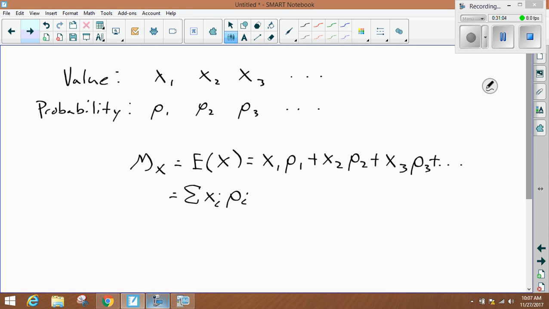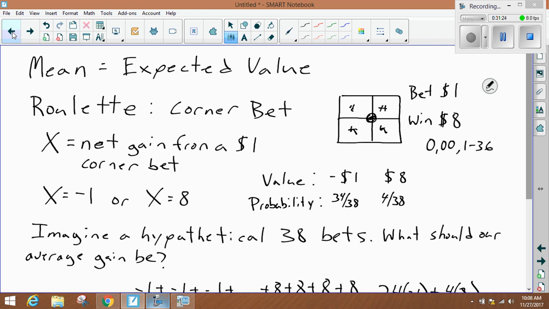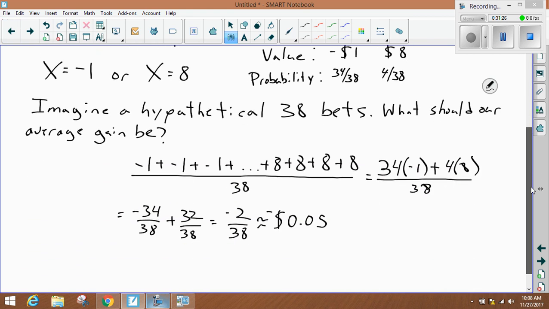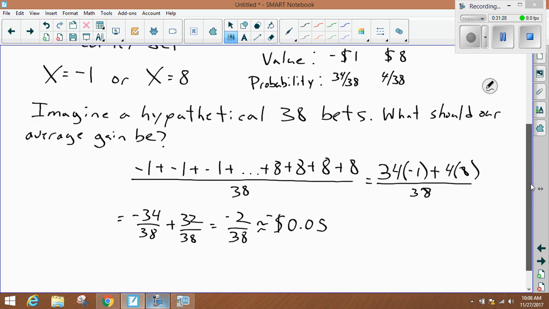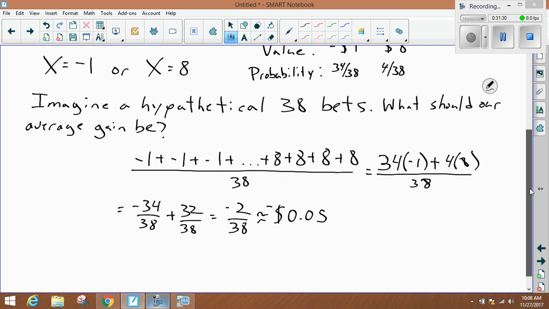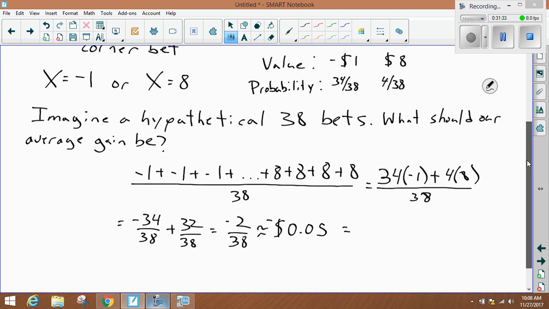So we can actually apply that to what we just did, right? Let's go ahead and do that. This is also going to be equal to -1, right?